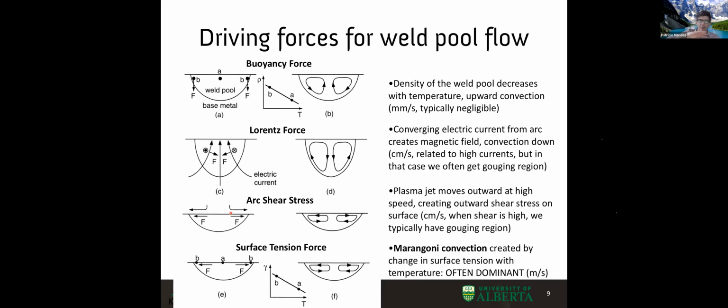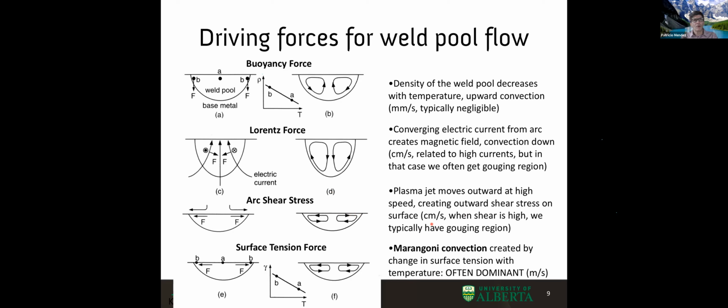The wind rubs over the surface of the water and starts to drag the water. And in this case, the plasma wind drags the surface of the whirlpool. And typically when we have recirculating flows, the velocity is of the order of 1 centimeter per second.